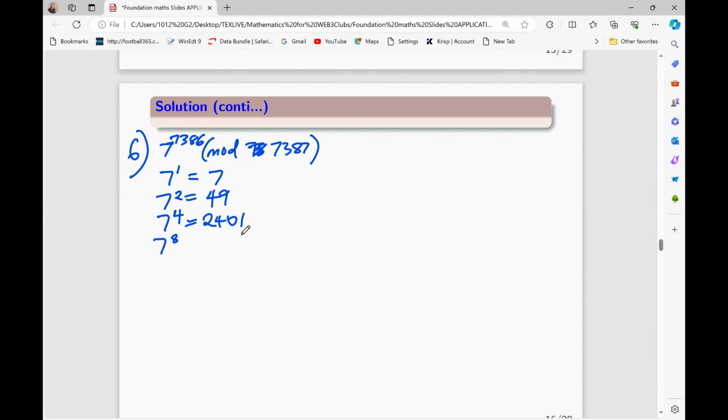And then 7 to the power of 8 is going to be, I think I'm going to need some assistance here. 8, so 2401 squared. Yes. Seven three seven.